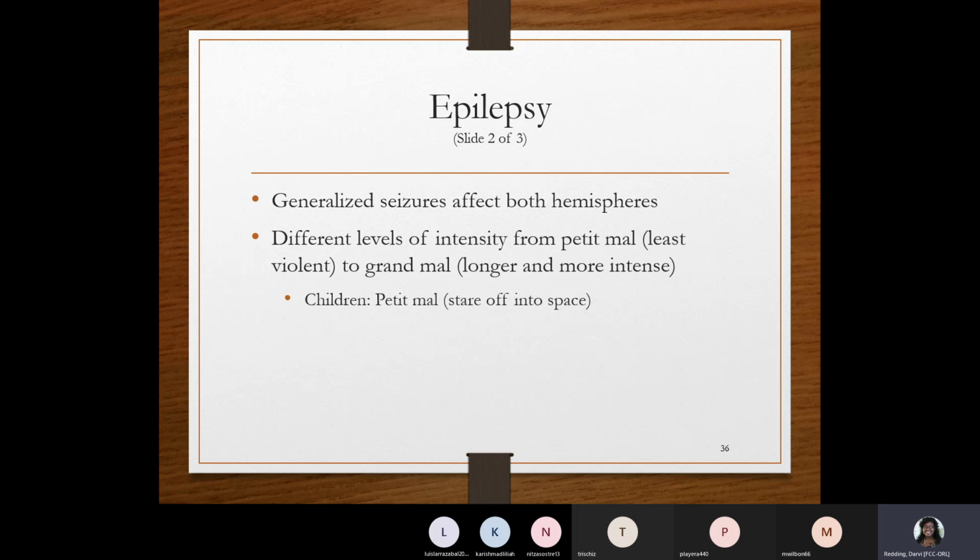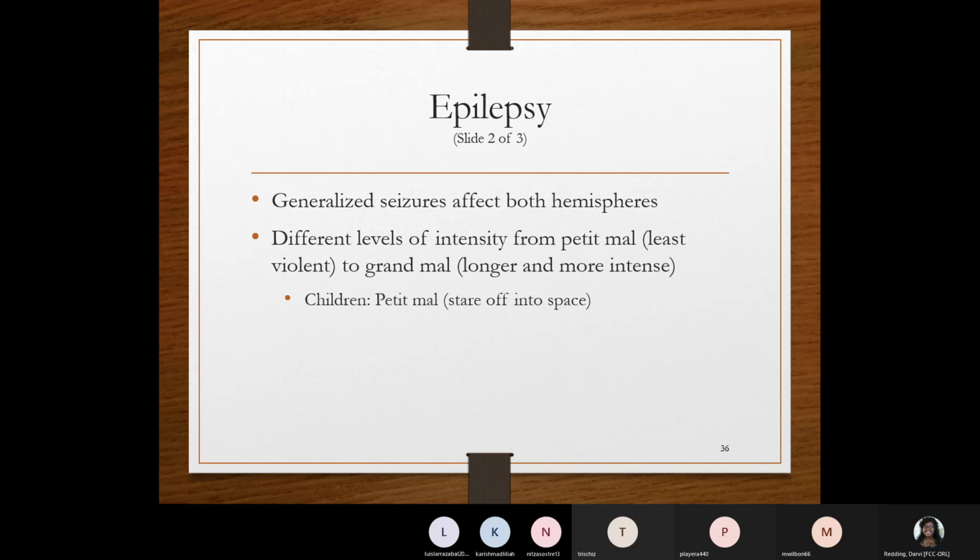When a child might go into a seizure, one of the effects you can see is the person stares off into space for long periods of time.